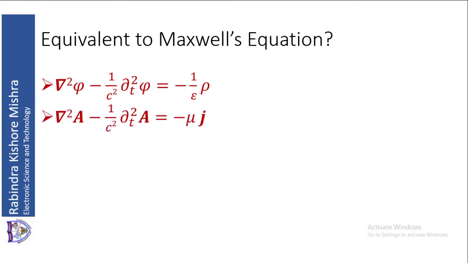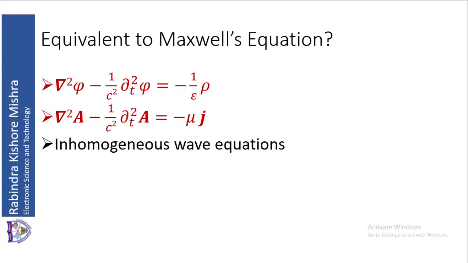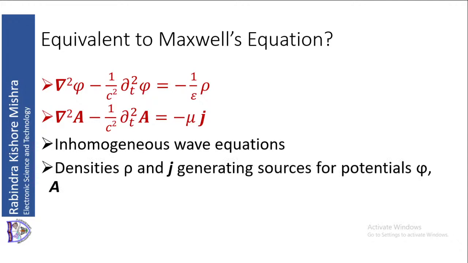Similarly, we have also seen earlier for A, del square A minus 1 upon c square dot square T A is equal to minus mu J. Both these are inhomogeneous wave equations. The first is an inhomogeneous wave equation in phi. The second is an inhomogeneous wave equation in A.